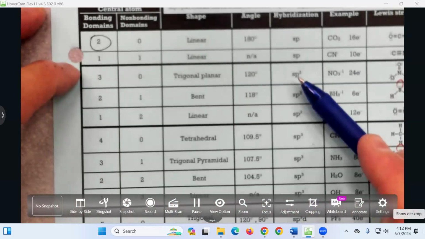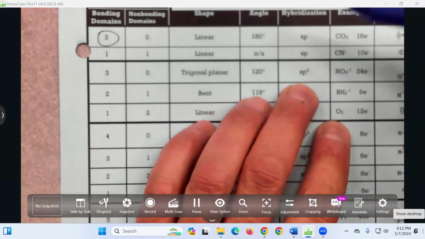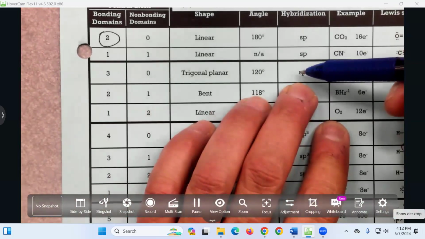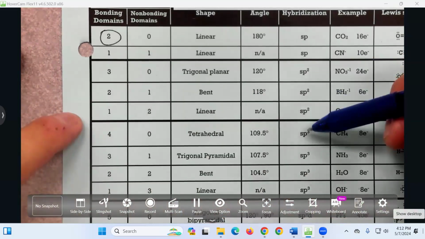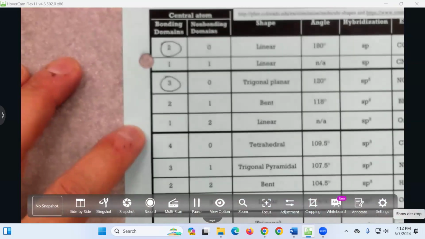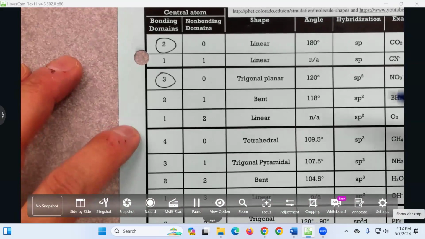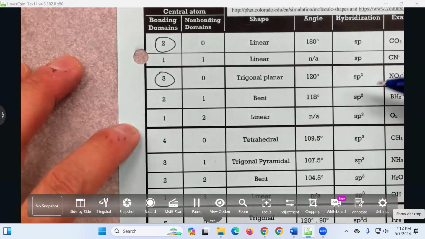If you have sp2, how many do I have? I have 2 p's and 1 s, correct? What's my total for that? 3. All of these are 3. That's what this is. All of the hybridization here, 3-0, 2-1, 1-2, is sp2.